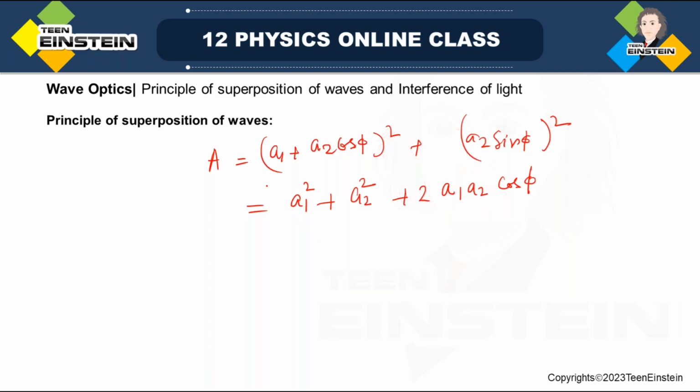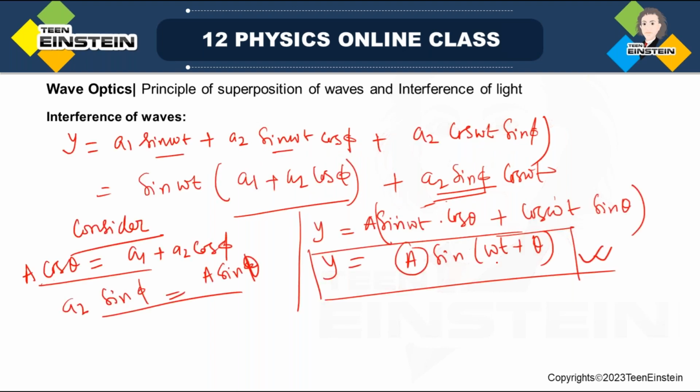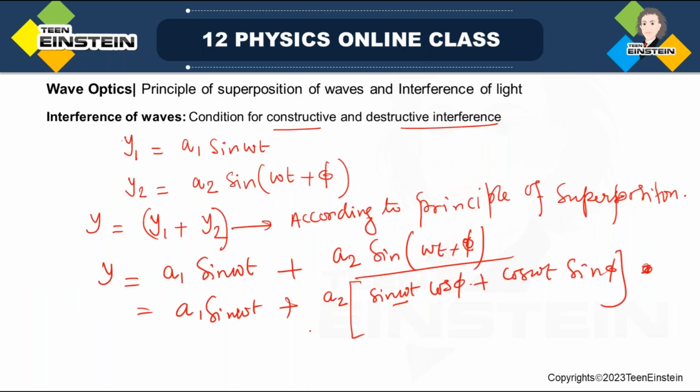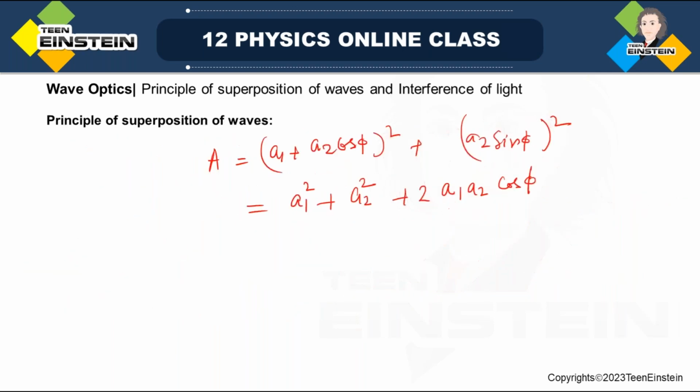So look here, after superposition also the waves will be of the same nature. But the problem is the amplitude of the resultant wave is becoming this. This is actually amplitude now.